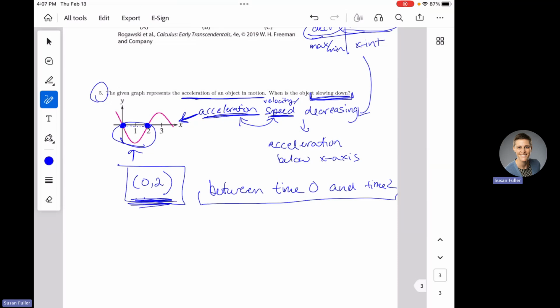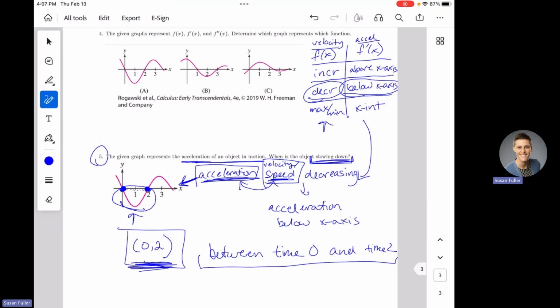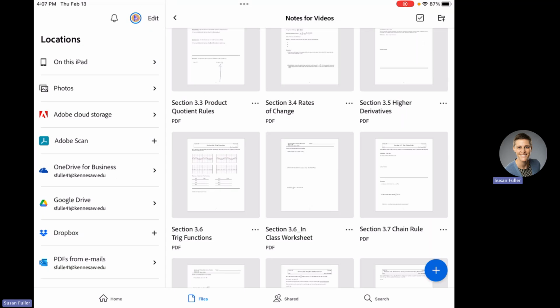But the hard thing about this is connecting what you have in the graph to what you're asked about. Do that with derivatives and use this table to help you. So that was the last one in 3.5. And then there were a couple in 3.6.